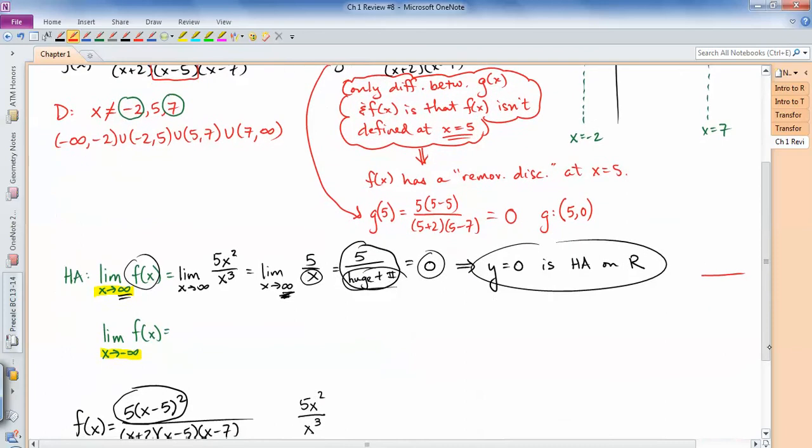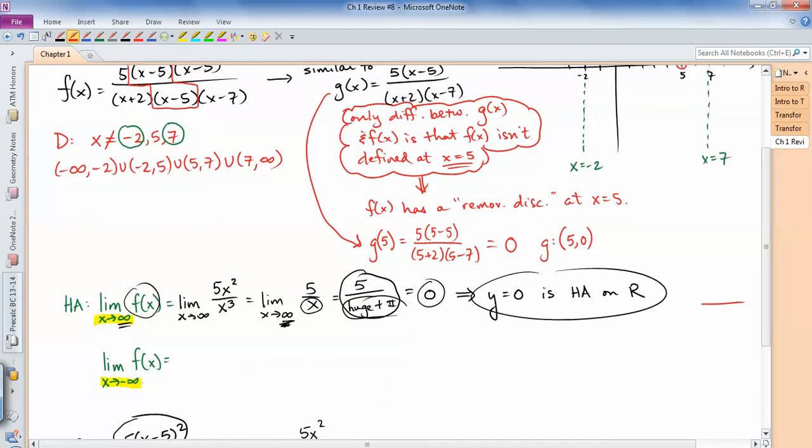On the left side, when x goes to negative infinity, you're going to use the same exact thing every time. This rule doesn't change except it'll have a minus sign there. So let me write that one. Limit as x goes to negative infinity of 5 over x. That's going to turn into 5 over a really negative number.